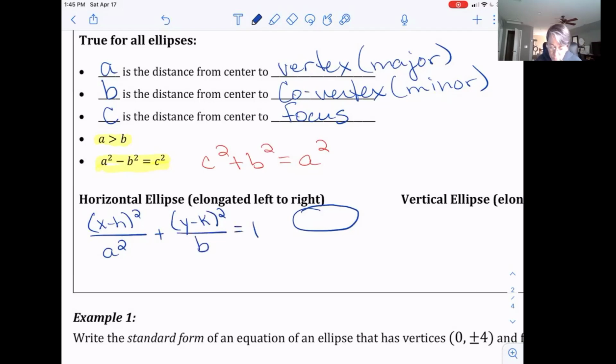So notice here, a squared is the longer side and it's underneath the x. That tells us that it's elongated left to right. So a larger number under the x means we're going left to right.